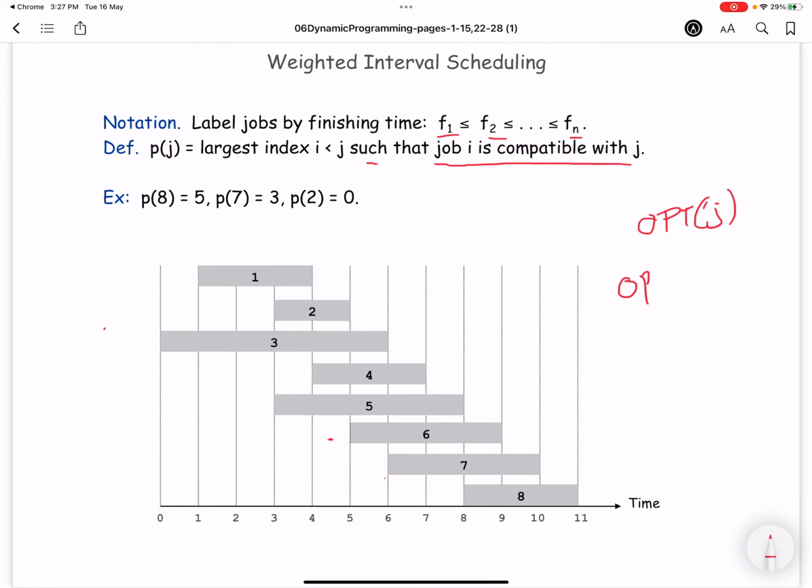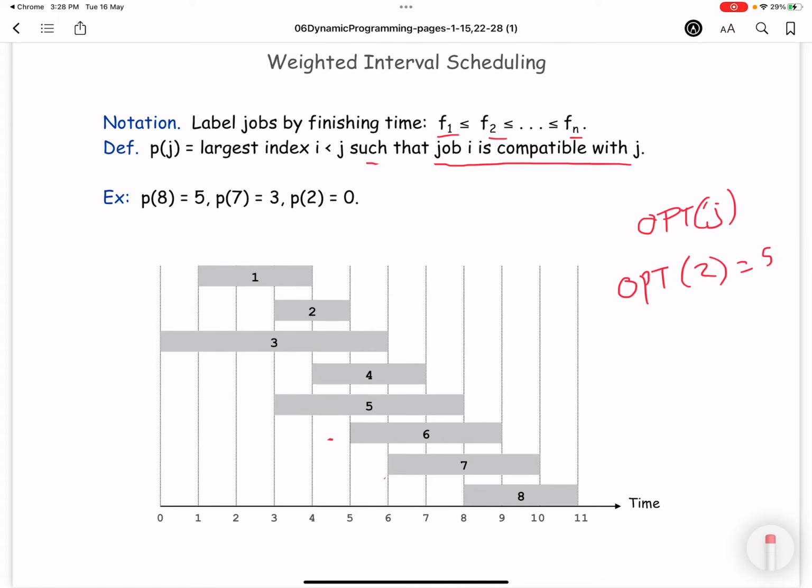If I say opt2, the meaning of opt2, imagine you have only job 1 and job 2. So you have all the jobs from 1 up to j, which is 2 in this case. So if you have 1 and 2, what's the optimal? Either you select this one or this one, depends on the weight. Imagine the weight here is 3 and the weight here is 5. So we will select this job and the value will be 5. So this is the optj.